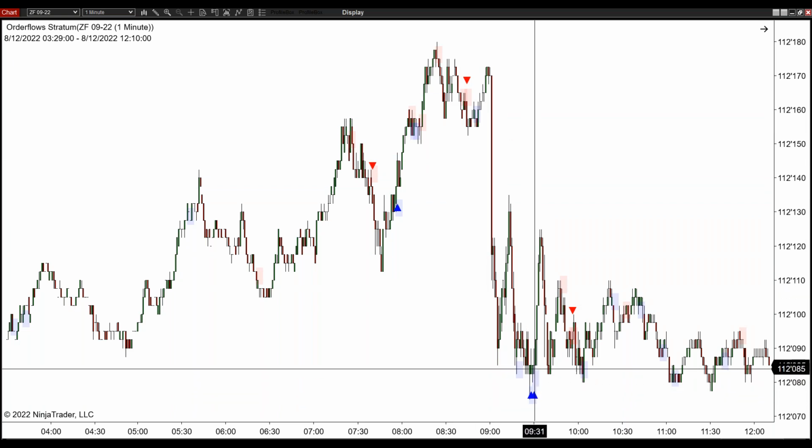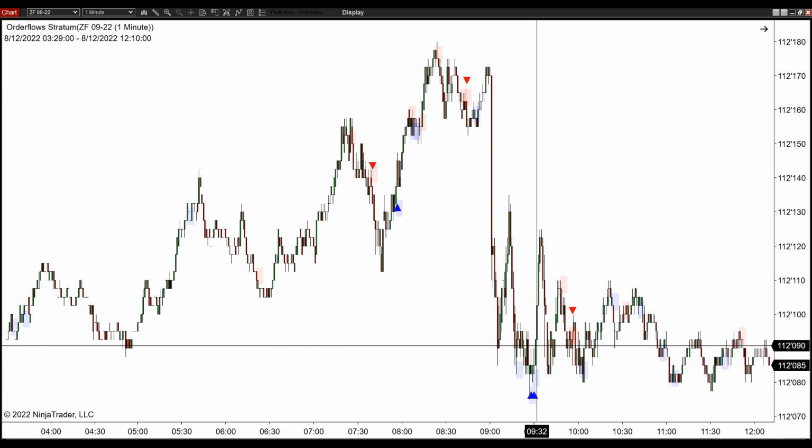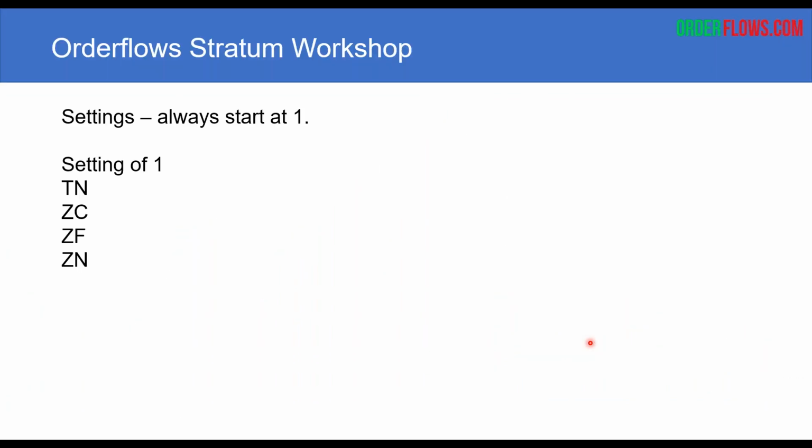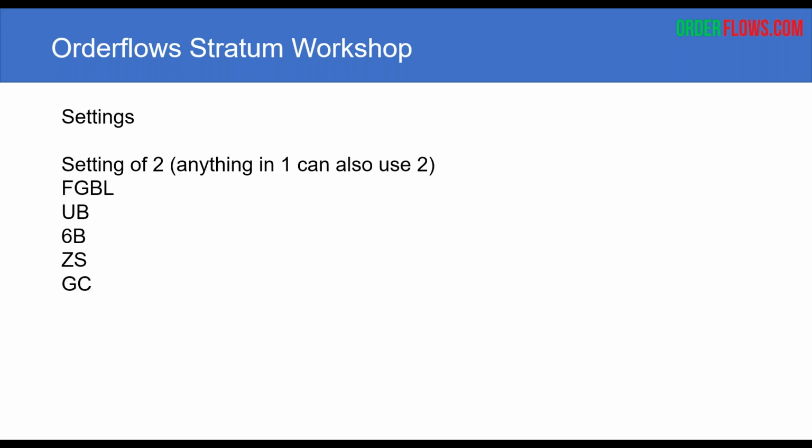But you catch this move back up, move back down. So these are the markets I recommend for a setting of 1. Whether you want to use a swing filter or not is up to you. But try it at first with the setting at 1. If you think you're getting too many signals, try a swing filter.